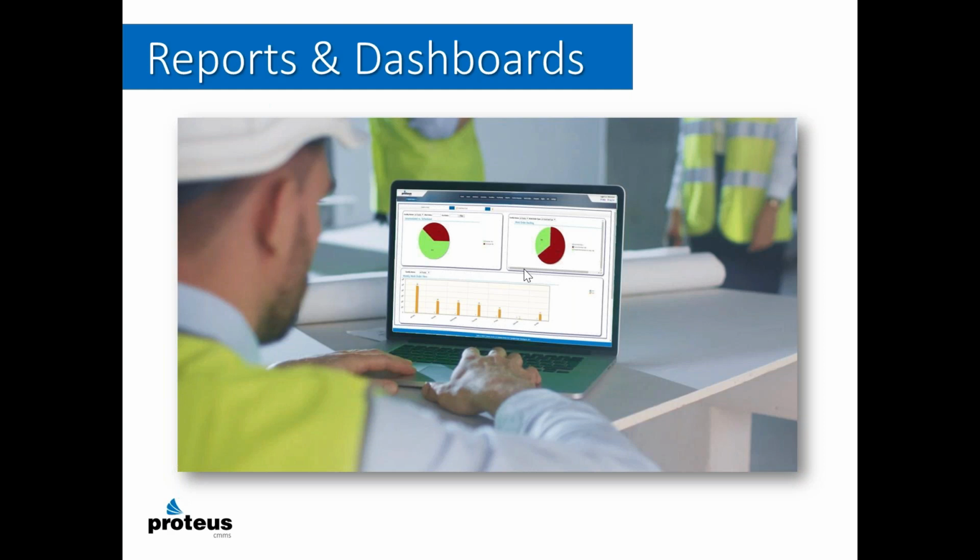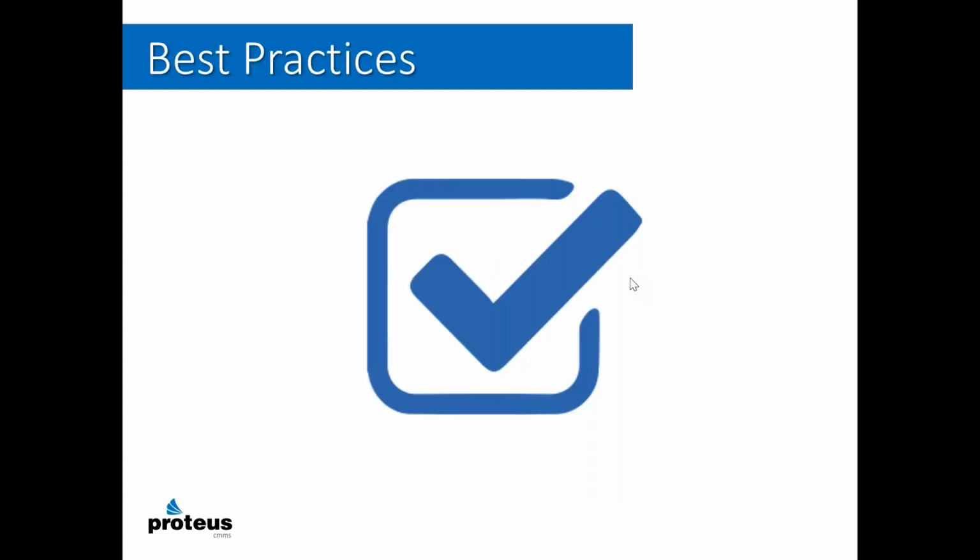And do I have the reports associated with that work attached to my work order so that I can show anybody, should there be an issue, that this has in fact been taken care of? So reports and dashboards are absolutely a critical part, and they are forms of key performance indicators.